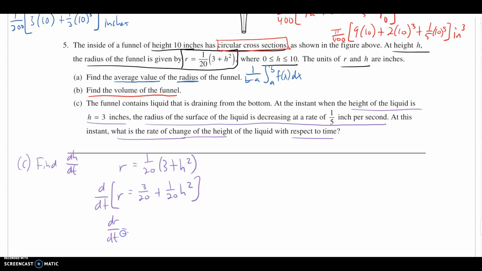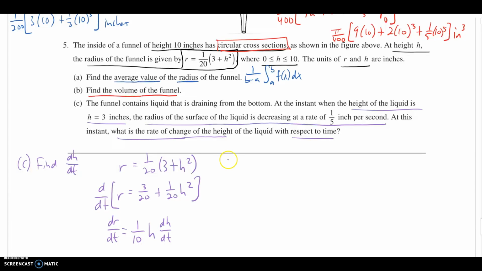That'll give us dr/dt. Again, r is not a t variable, so we have to denote that we are taking the derivative of this other variable. The derivative of 3/20 is 0, and the derivative of the 1/20 h squared should be 1/10 h, and again, variables don't match up, so we'll have a dh/dt.